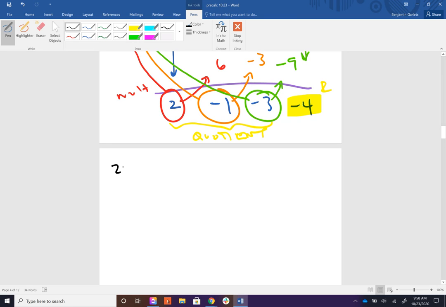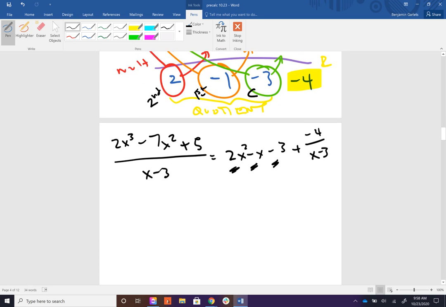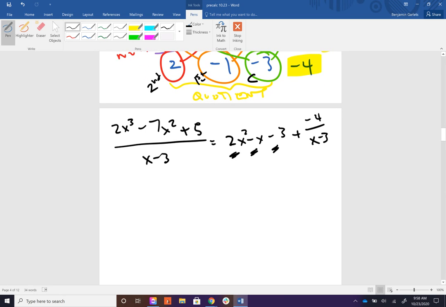We can start with 2x cubed minus 7x squared plus 5 divided by x minus 3 is equal to 2x squared minus x minus 3, because this is our second degree, this is our first degree, and this is our constant term, plus our remainder, so plus minus 4 over x minus 3. So that's one way we can write it, as the quotient plus the remainder.